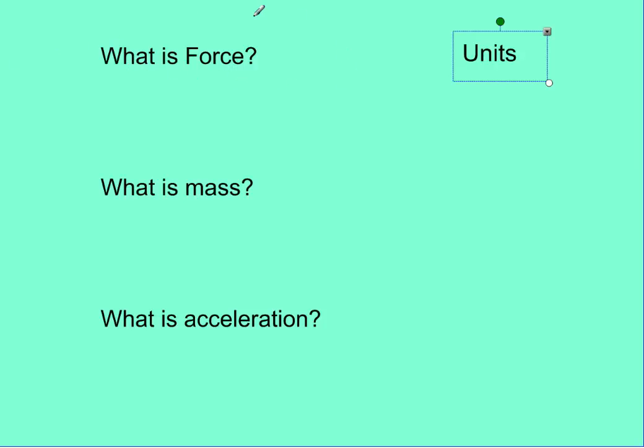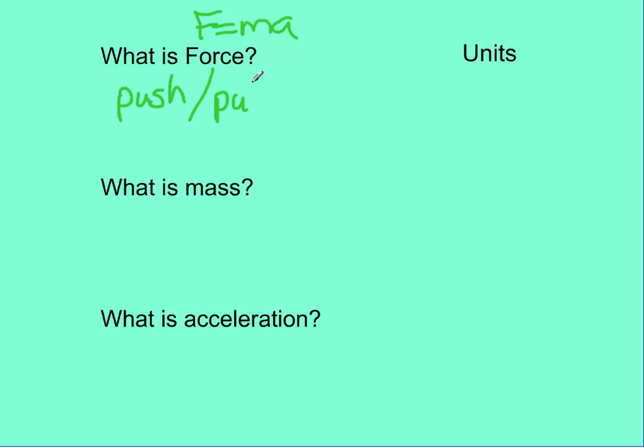So just to go over, since we have a formula now, we have F equals ma. Let's make sure we know what all of those are. So what is a force? We just said it's a push or it's a pull. Now what units are we going to write force in? Force is measured in newtons.